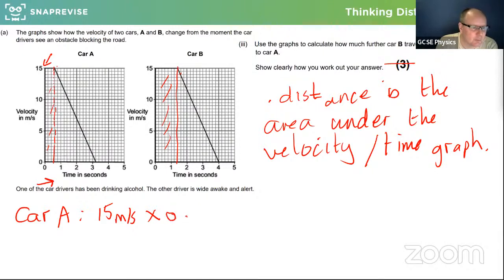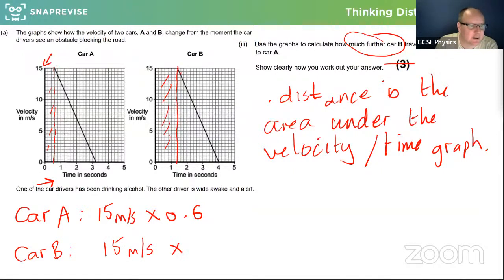So the car A distance is 15 meters per second times 0.6, and then we could add on the area under the triangle if we wanted to, but it's actually only asking us to calculate how much further car B travels. So we only really need to look at the area under the rectangles. And for car B, the area is going to be 15 meters per second times, in this case, 1.4.